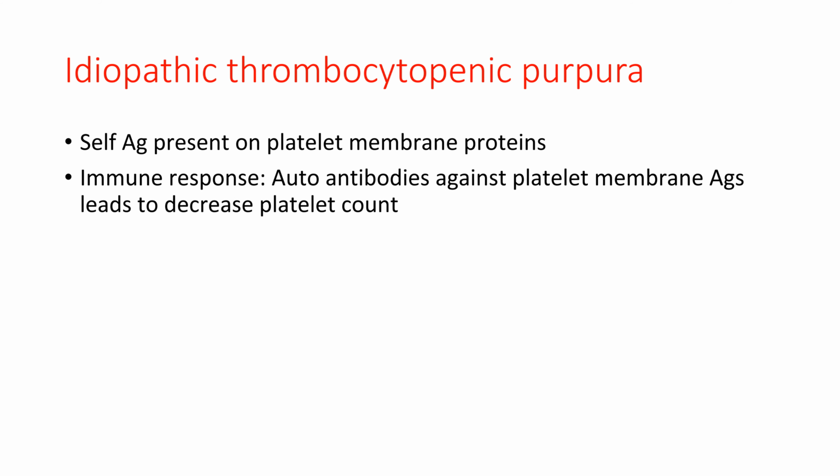Now we'll talk about idiopathic thrombocytopenic purpura. There is a self-antigen present on the platelet membrane proteins, and the immune response develops autoantibodies against platelet membrane antigens, leading to a decreased platelet count, resulting in thrombocytopenic purpura.